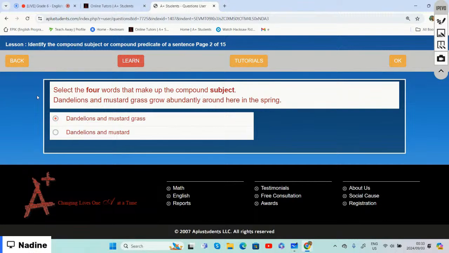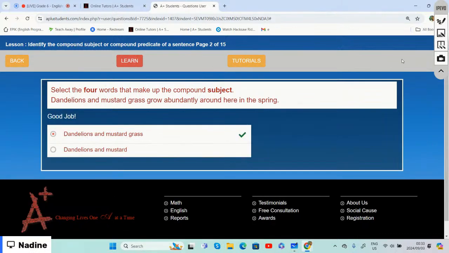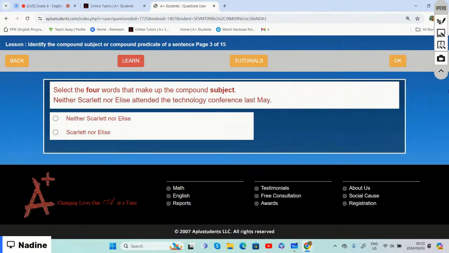So we select the four words that make up a compound subject. Is it option one or option two? So we will go with option one today. And option one is correct. Well done.